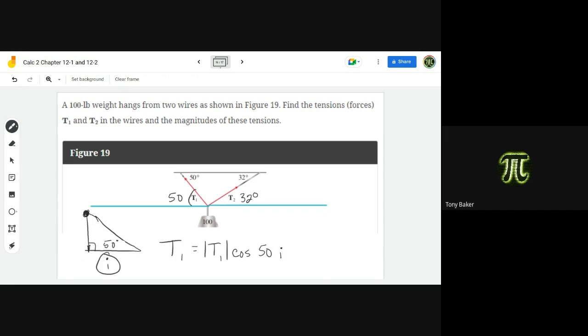This one's going in negative, so it's going to be negative that. Now, plus my up one, or my J, is going to be what? Same thing, so it's going to be sine. So it's the magnitude of T1 sine 50 J. So that is my vector for T1.